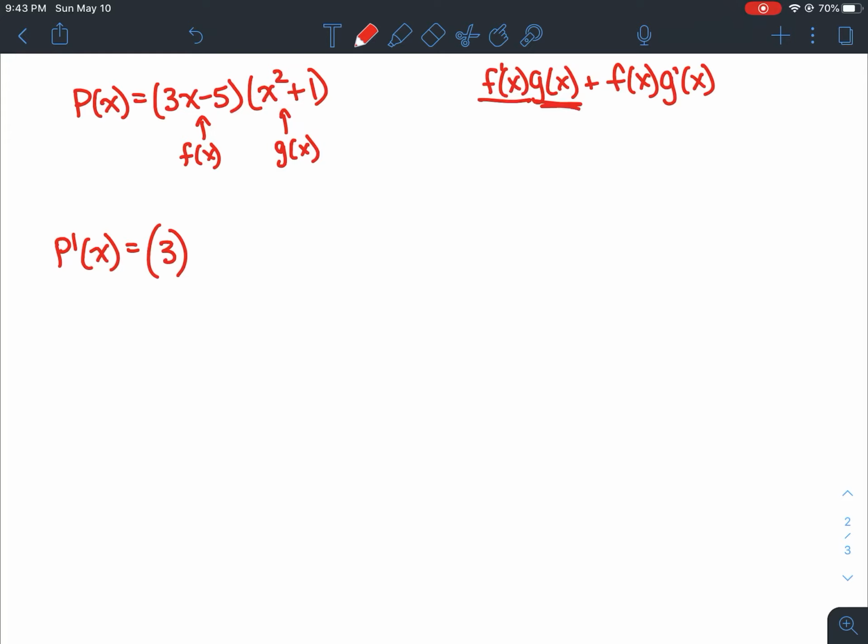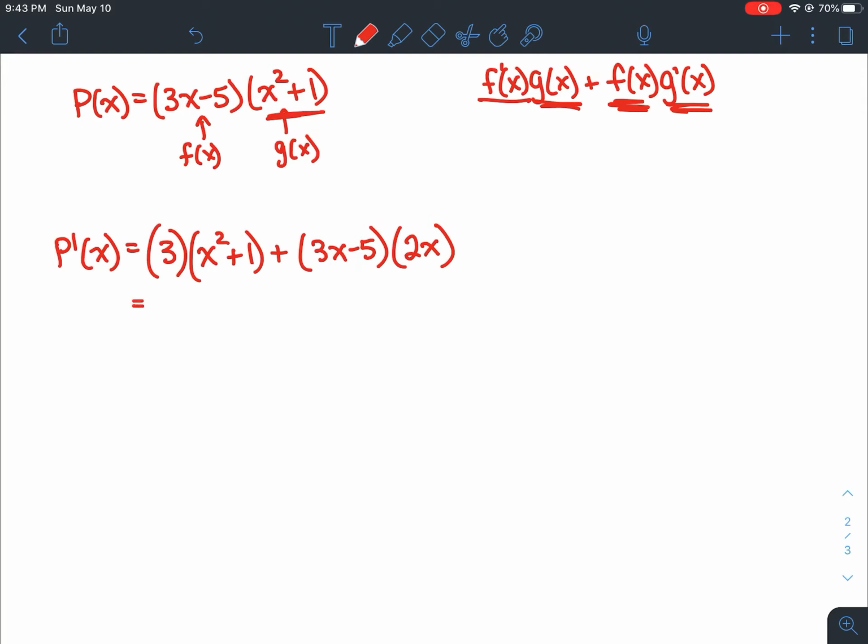Then we just write g of x, which is x squared plus 1. Done. Then we put a plus sign. Now we just write the first function, f of x, which is 3x minus 5. Then we take the derivative of g of x, which would be 2x. We're done. And then you could simplify this if you wanted to.